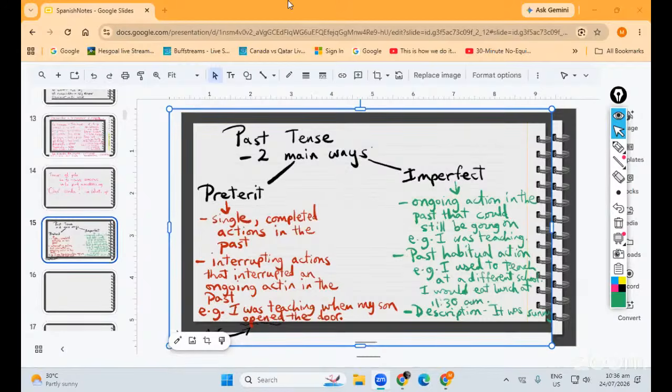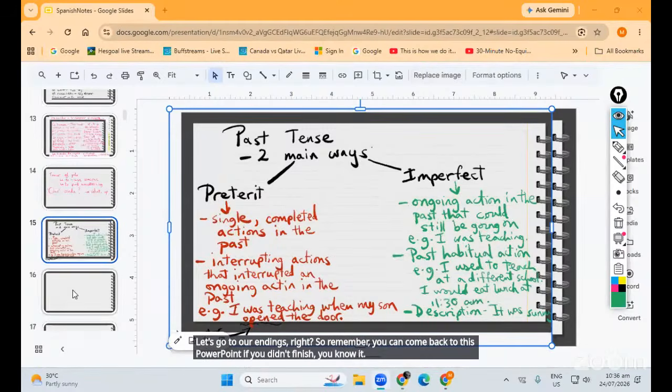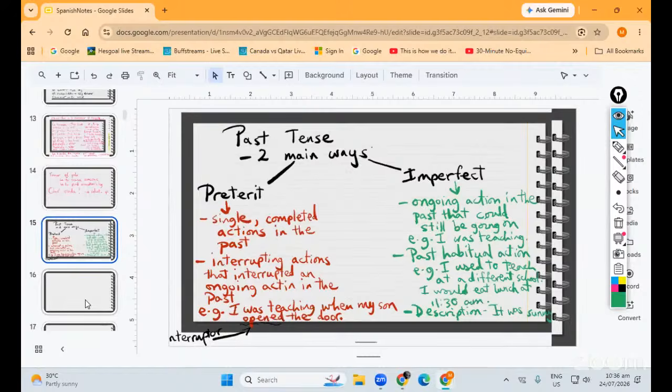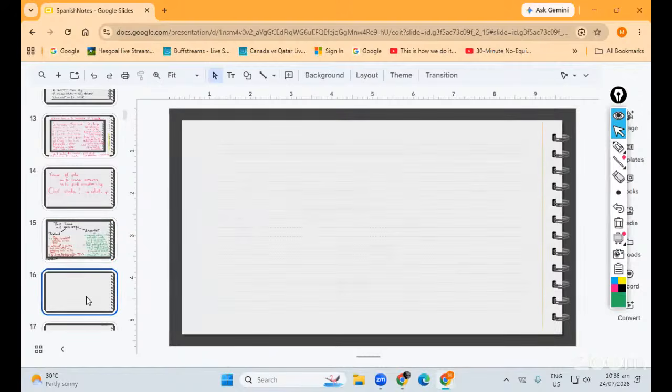Okie dokie. Let's check. Let's go to our endings, right? So remember, you can come back to this PowerPoint if you didn't finish your note. You could also take a screenshot, if you could do it within 10 seconds. And let's go to our endings, right? All right, so we're going to do preterite endings first.